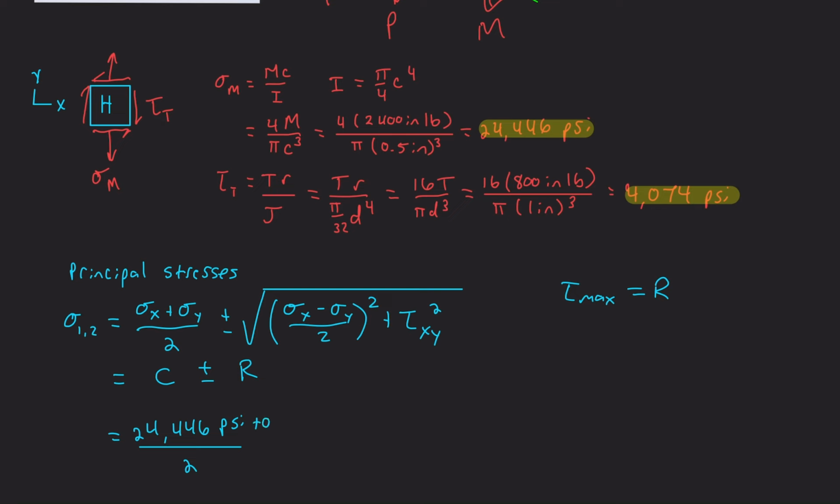I guess I'll write a 0 out here just to be explicit. Plus minus square root of sigma x is 0 minus 24,446 psi divided by 2 squared plus our planar shear stress, 4,074 psi squared.